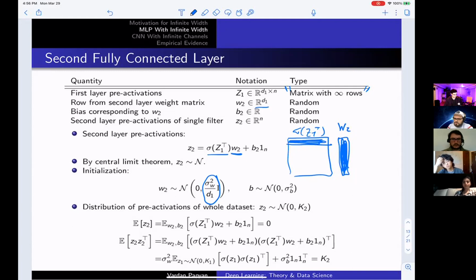So the expectation of Z2 is equal to the expectation over W2 and B2 of sigma(Z1) transpose W2 plus B2. And so because of, again, linearity of expectation, you get that this thing is equal to 0. So that means that Z2 has 0 mean. And then we calculate the covariance.